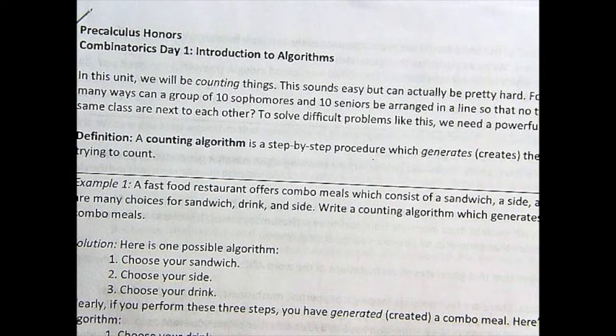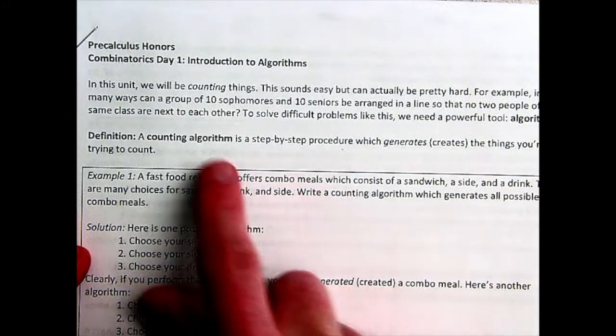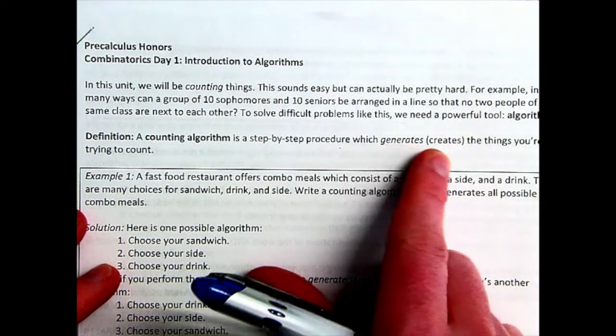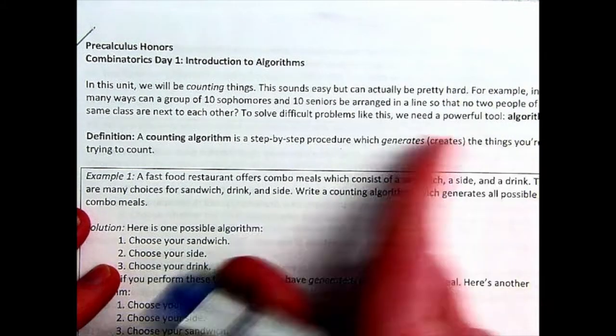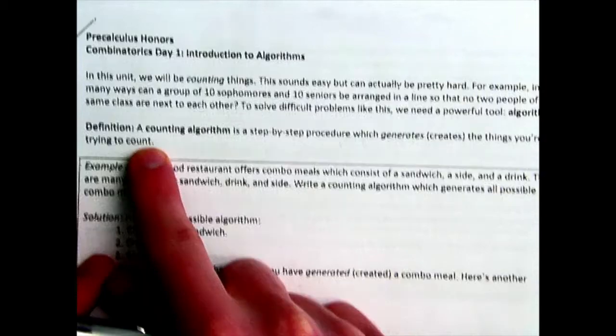In today's lesson, we're not really going to be counting anything. We're not going to be using any numbers, but instead we're just going to be thinking about algorithms. So I want to begin with a definition, which I have here. A counting algorithm is a step-by-step procedure which generates or creates the things you're trying to count. Okay? And that's a bit abstract, so let's see an example.